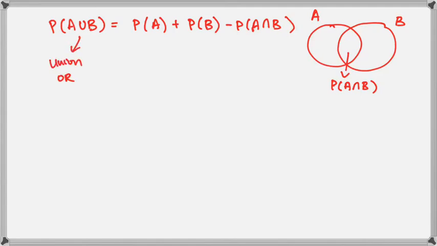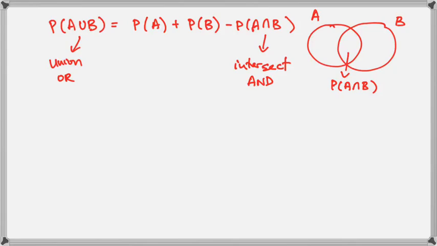And so this is also a good time to review. Union means or. That means event A or event B happening. So when you say event A or event B, it means it can be in event A, or it can be in event B, or it can be in event A and B. Then the intersect symbol, which is the inverted U, that is and.